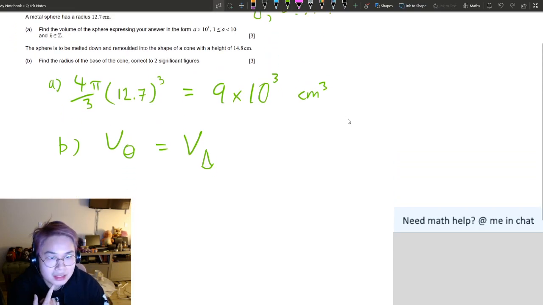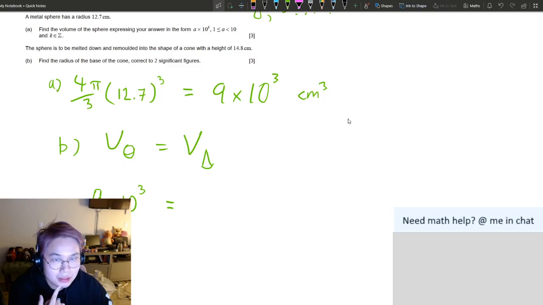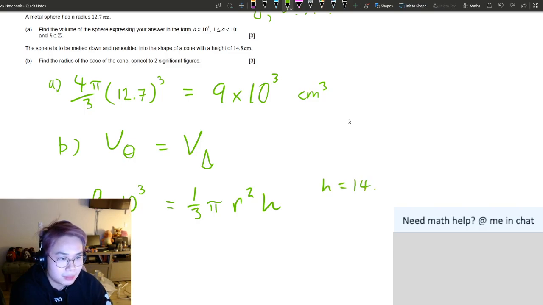So let's use our answer from part A. 9 times 10 to the power of 3 is equal to the volume of a cone, which is 1 over 3 times pi times r squared times h. And then of course we know the height of the cone is 14.8.